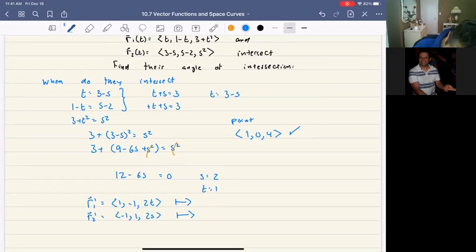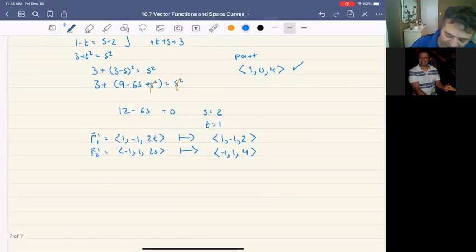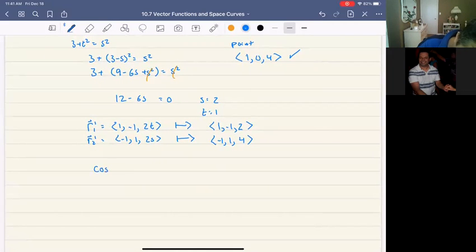So here we're going to get what? 1, -1, t equals 1 is 2. -1, 1, s equals 2 is 4. Now we have to find the angle between these 2 vectors. You remember how to do that? That's right, it's the dot product, right? So we're going to find the cosine of the angle is going to be r1 prime dotted with r2 prime divided by the magnitudes.